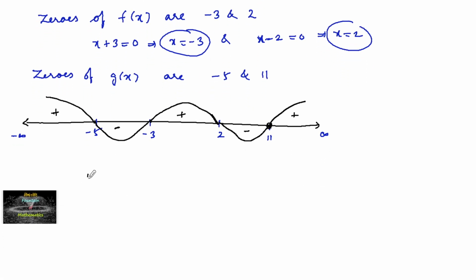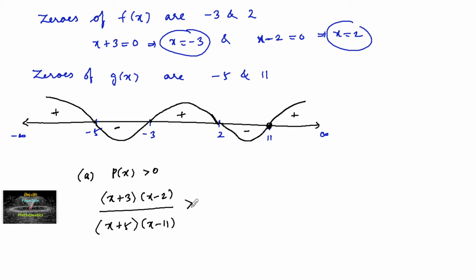Let's take the first one, p(x) > 0, which means (x + 3)(x − 2)/((x + 5)(x − 11)) is positive, for which x belongs to, we can easily tell the answer.